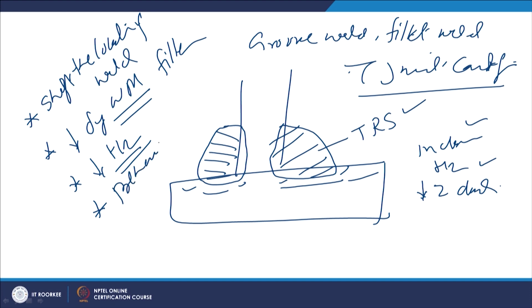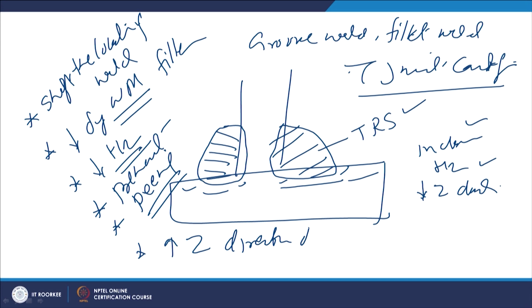Use suitable preheat, so that the reduced cooling rate and increased high temperature retention period help in escaping of the hydrogen from the weld as well as the heat affected zone. Shot peening will help in releasing the residual stresses being developed, and then use base metal having high Z direction ductility.